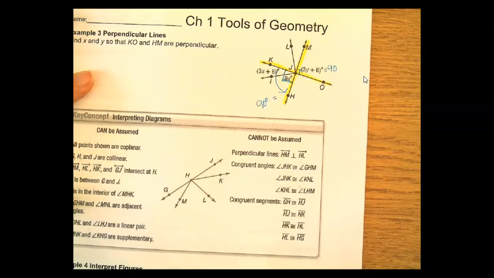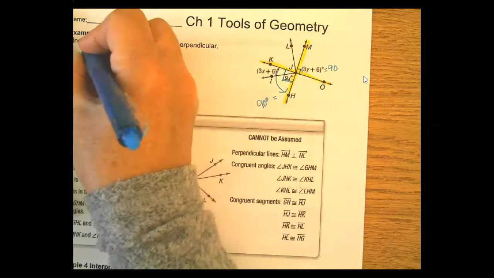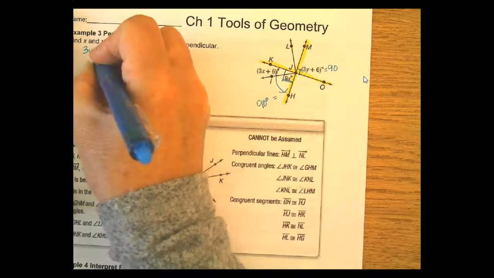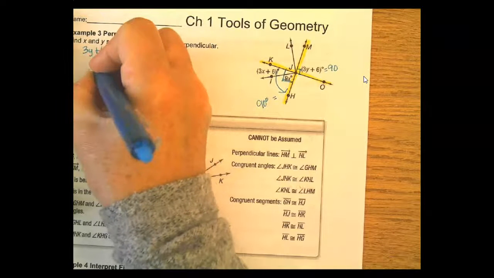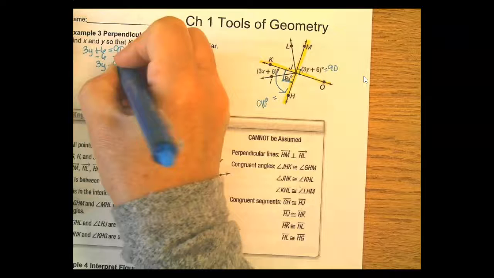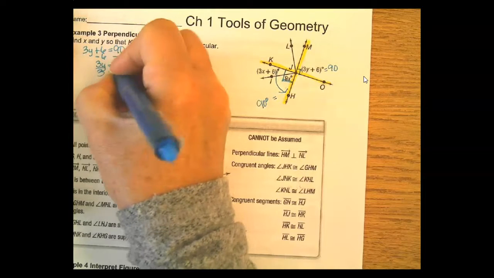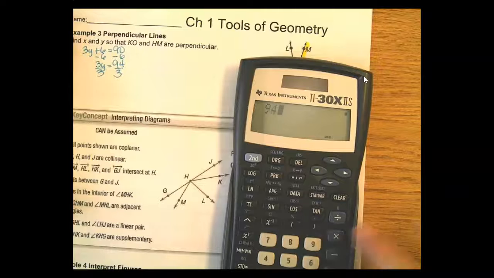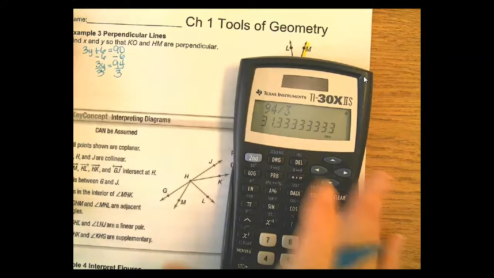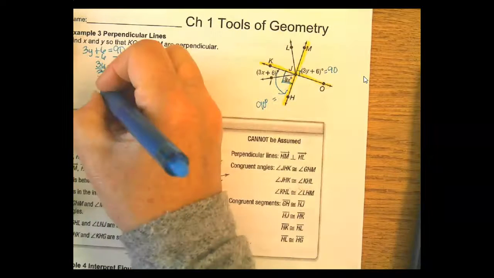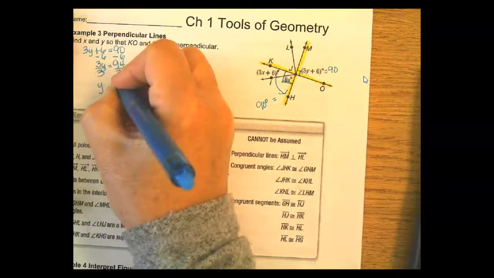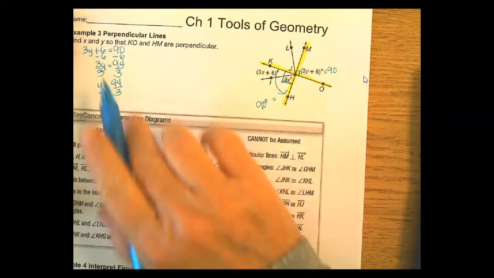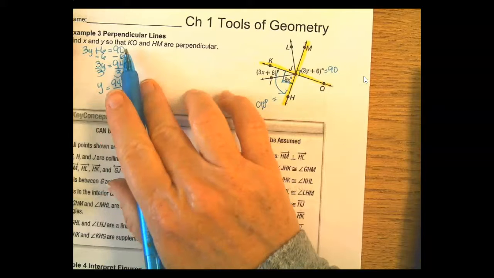Let's solve. Let's start with the y. 3y plus 6 equals 90. Subtract 6. 3y is equal to 94, divided by 3, divided by 3. Okay, I'm going to leave y as an improper fraction for now. 3y plus 6 minus 6 equals 90.